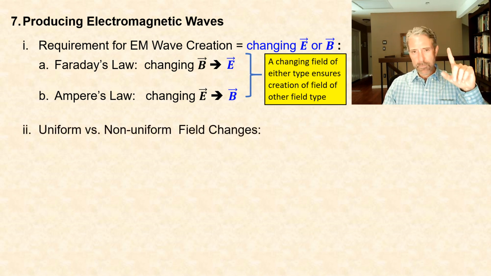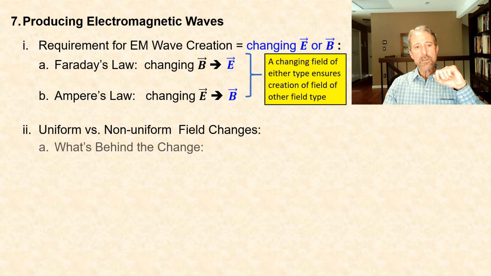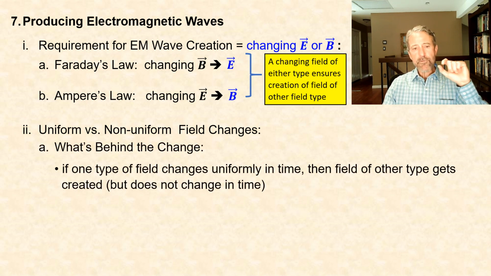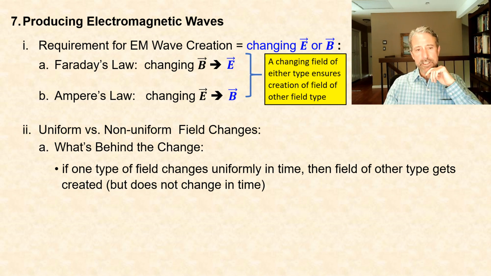So that's a start. We now need to take a look at this question of uniform versus non-uniform field changes. In other words, what's behind the change? If one type of field changes uniformly in time, then the field of the other type gets created, but it's constant. It doesn't change in time.